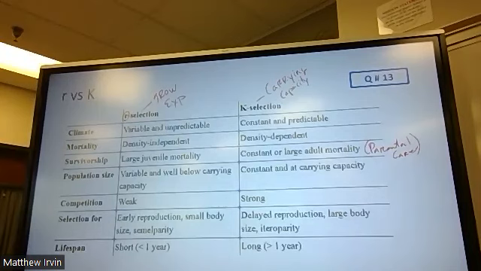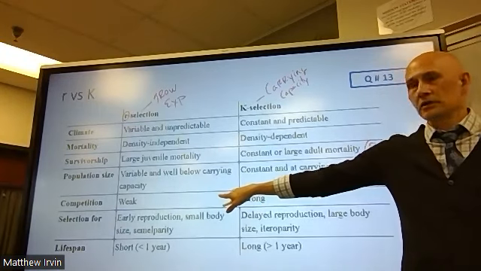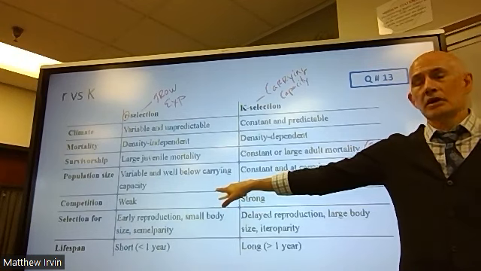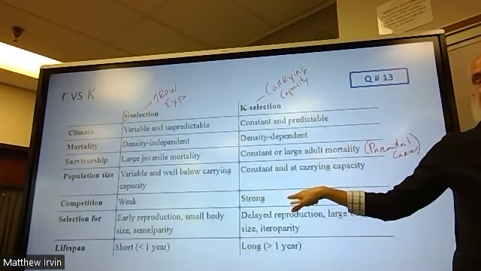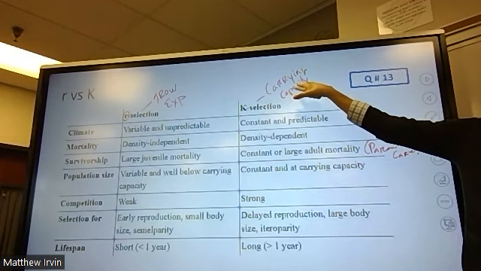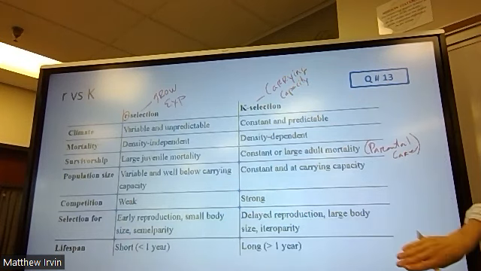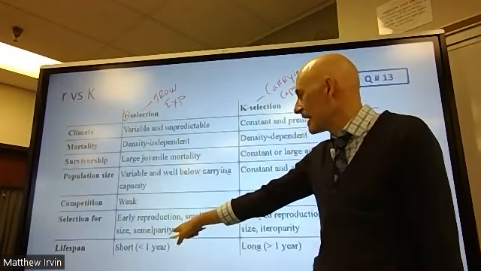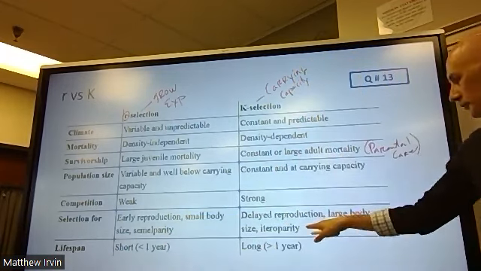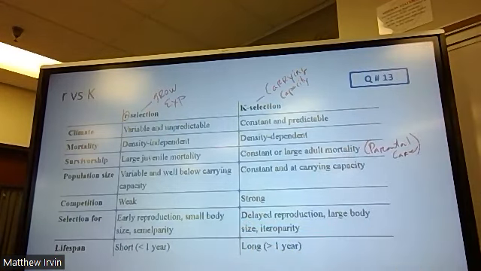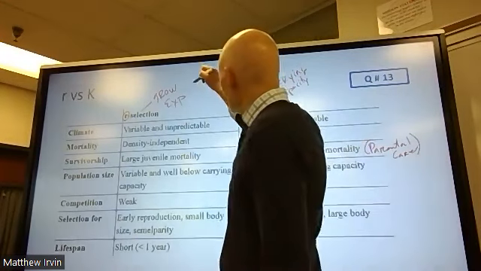R selected organisms tend to have weaker selective pressure or weaker competition, whereas K selected organisms have stronger competition because they are living near the carrying capacity, so resources are more limited. Early, fast reproduction goes with a lack of parental care and typically very short lives, while longer-lived species are K selected.